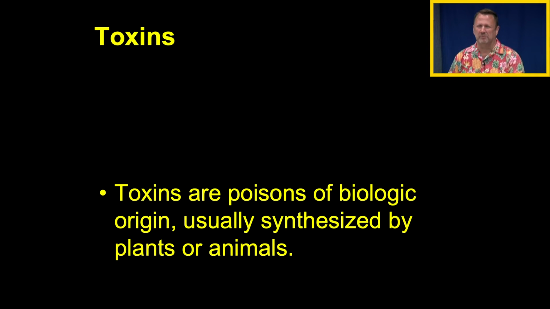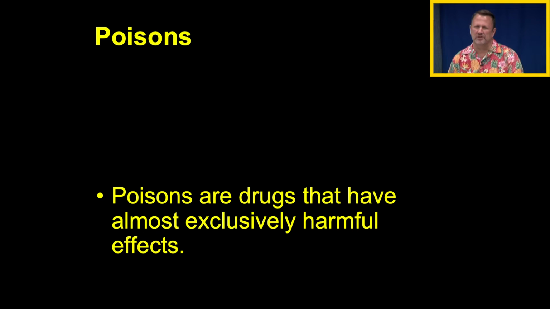Because those are the first poisons that we knew about when we started studying pharmacology, because sometimes to understand physiology we have to break things to know what they do. And so the original toxins we used to study for pharmacology were synthesized by plants and animals. Poisons will be drugs that have almost exclusively harmful effects.